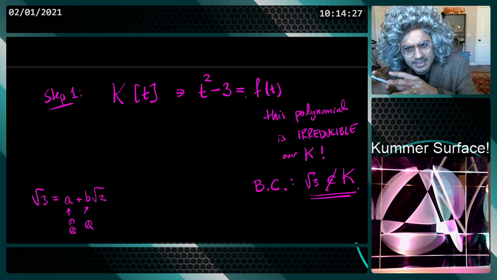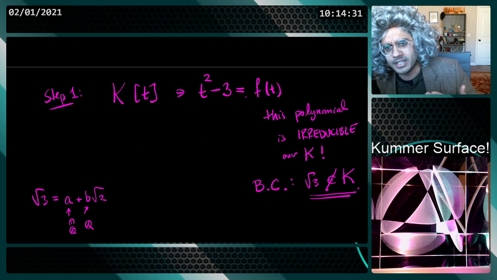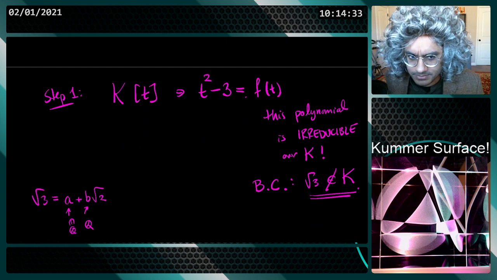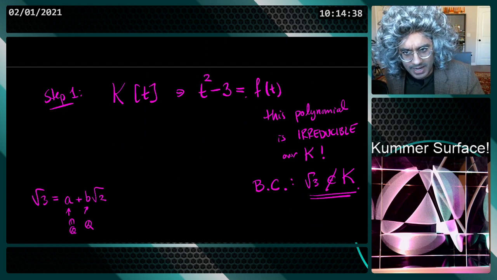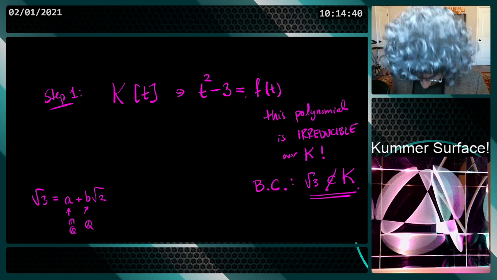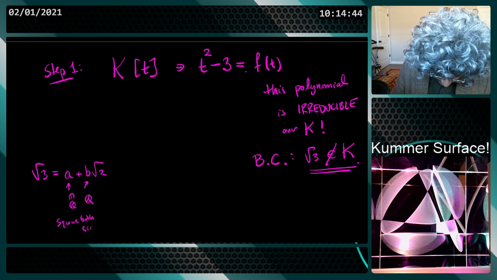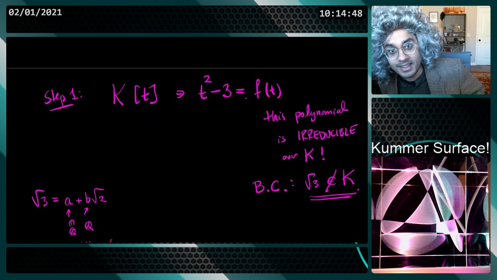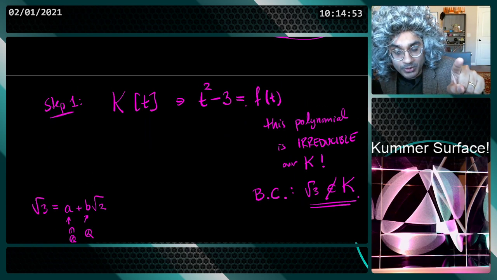Square both sides and collect, and it amounts to the irrationality of the square root of 2. You end up with a bad thing. Okay? So this polynomial is an irreducible polynomial in that polynomial ring.